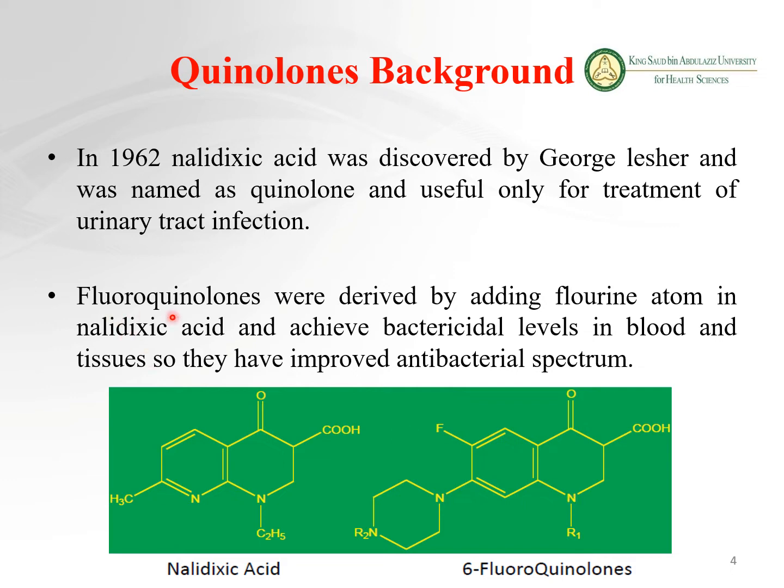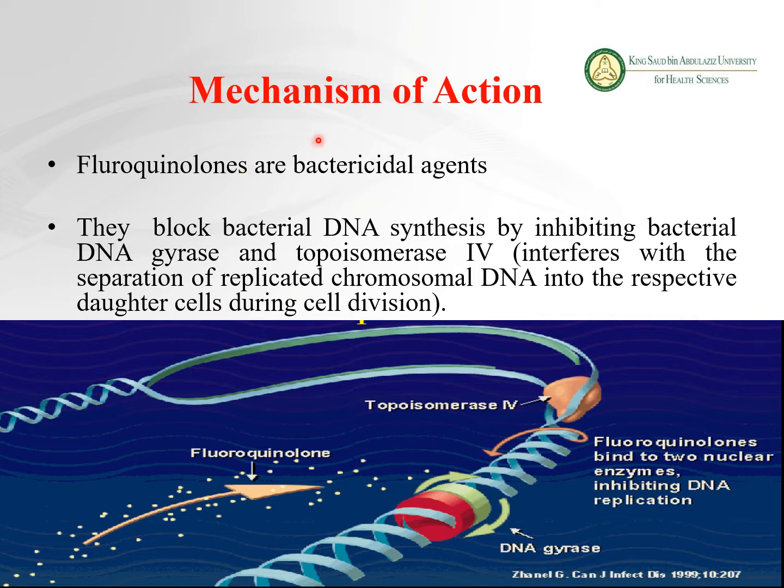So we will discuss these fluoroquinolones and their mechanism of action. If you look into the mechanism of these drugs, they are bactericidal and they block DNA synthesis. They inhibit DNA replication by inhibiting two enzymes, DNA topoisomerase and DNA gyrase.